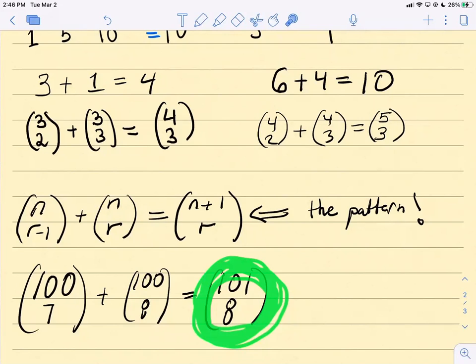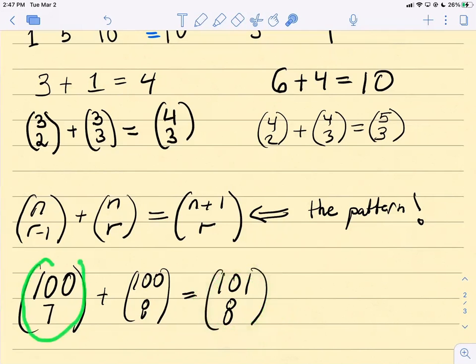Nice, Archer, what did you say there? 101 friends, only 8 can go with you. Exactly. So you have to find the number of ways to pick 8 friends to go to the movie with you out of 101. Okay, how about on the left? What does this mean?